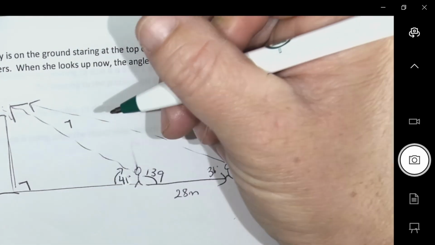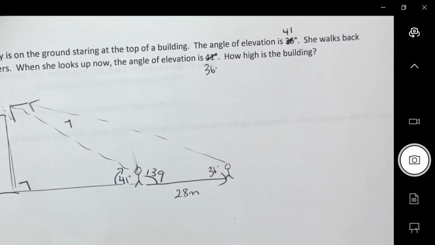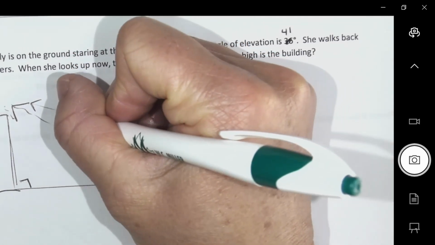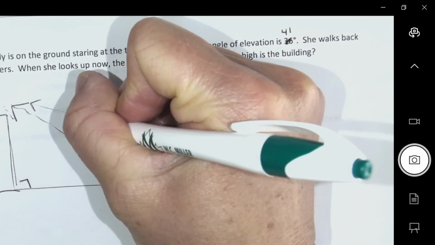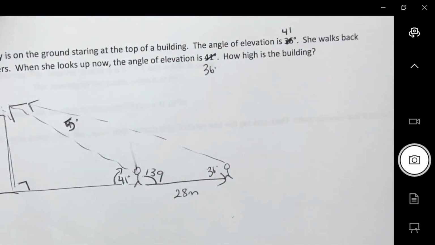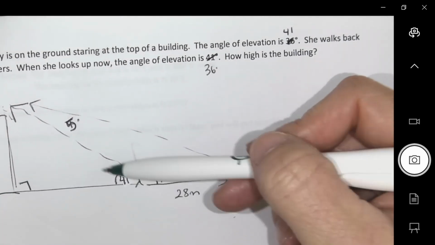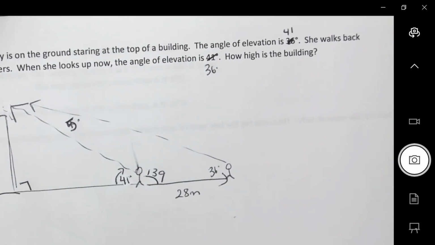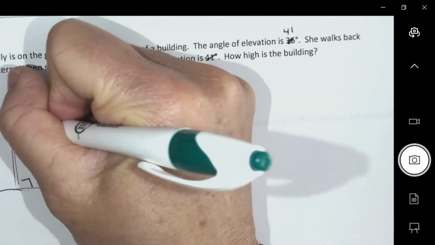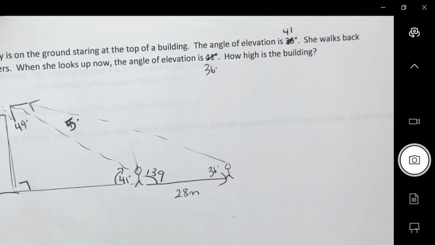Leaving me with, did we get a 5 degree on the top corner on that one? And then in this triangle, we should have a 49 degree in that corner. Okay, so that's step one, use all the angle properties we know.